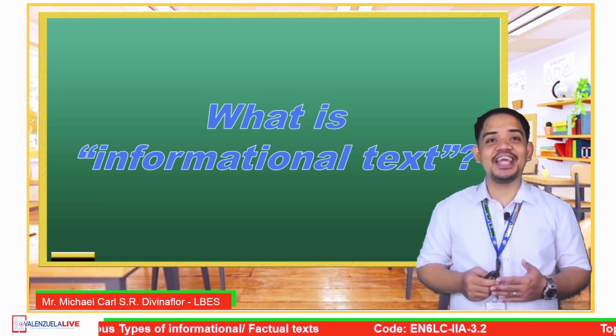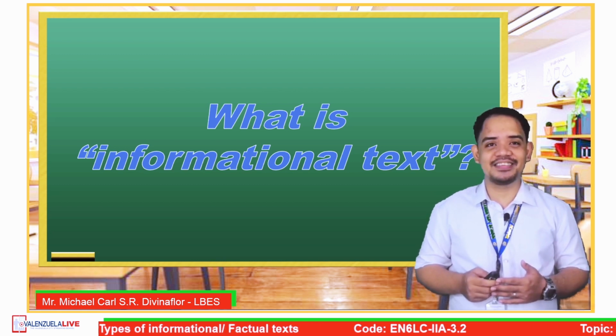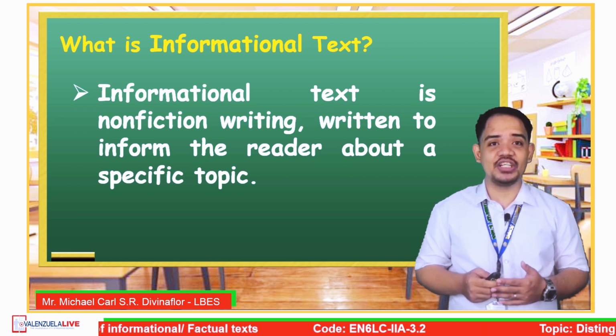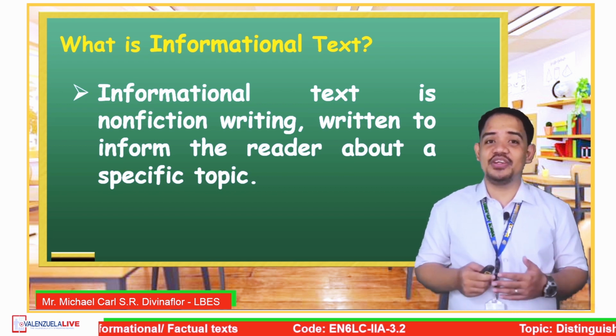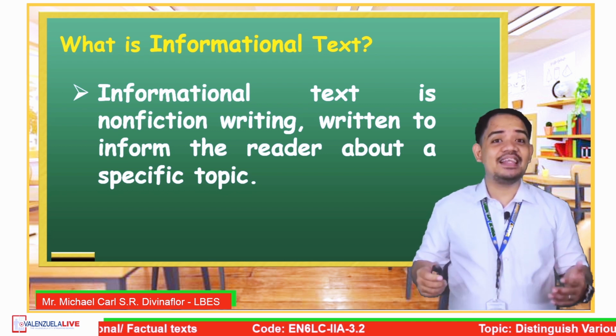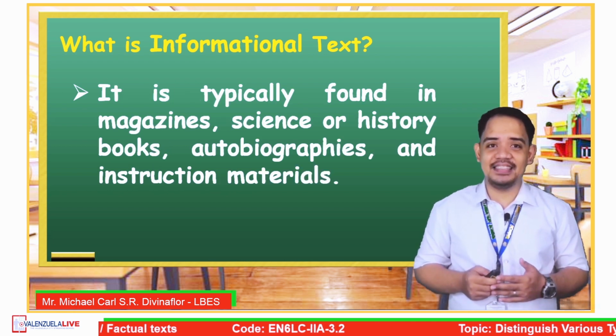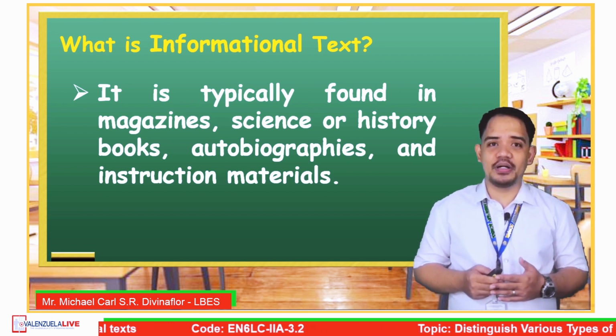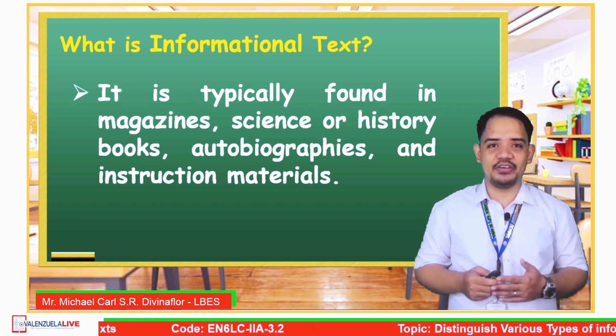What is informational text? Informational text is non-fiction writing, written to inform the reader about a specific topic. It is typically found in magazines, science or history books, autobiographies, and instruction materials.